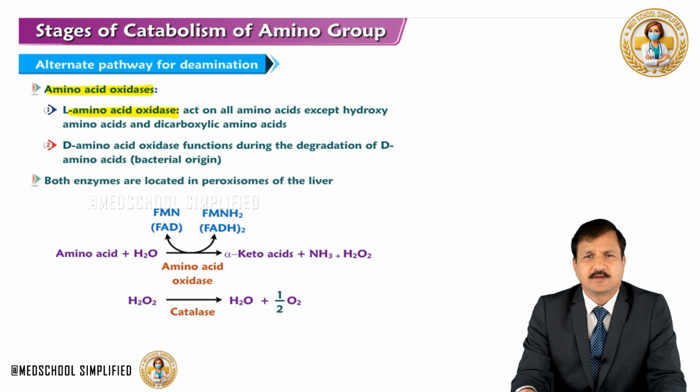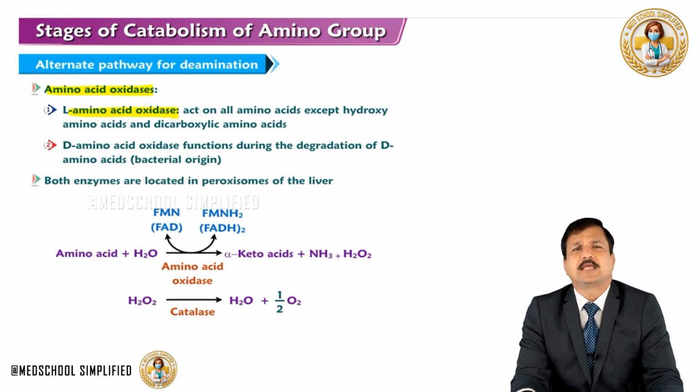One is serine, other is threonine, and the third is tyrosine. Dicarboxylic amino acids, basically meaning these are acidic amino acids having 2 carboxylate groups, and that is aspartate and glutamate. So other than these 5 amino acids, all other amino acids can be handled by L-amino acid oxidase and they can be deaminated.